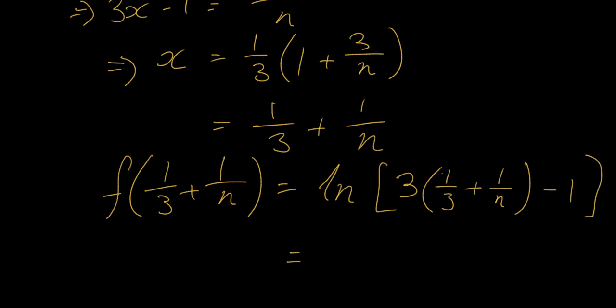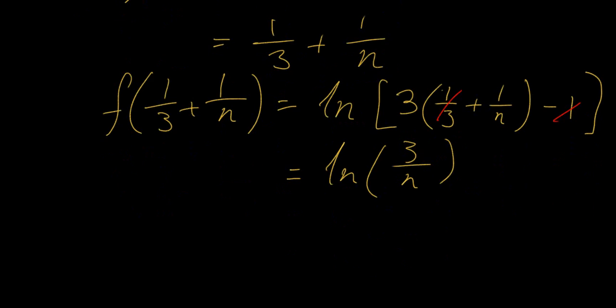Over here we get 1 and 1, so let's just cross these out. This term and this term are going to cancel out once you expand this bracket. So what we're left with is simply 3 times 1 on n, sorry, the natural log of 3 on n.